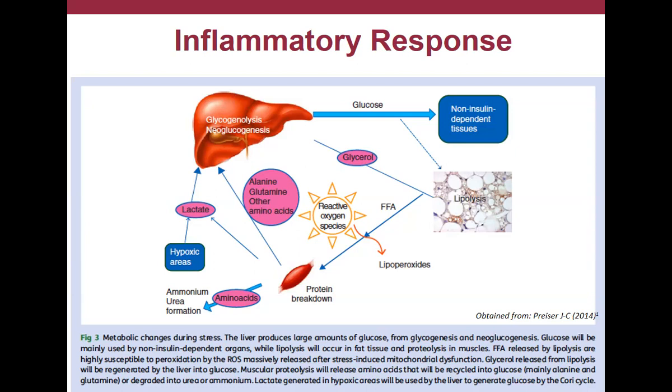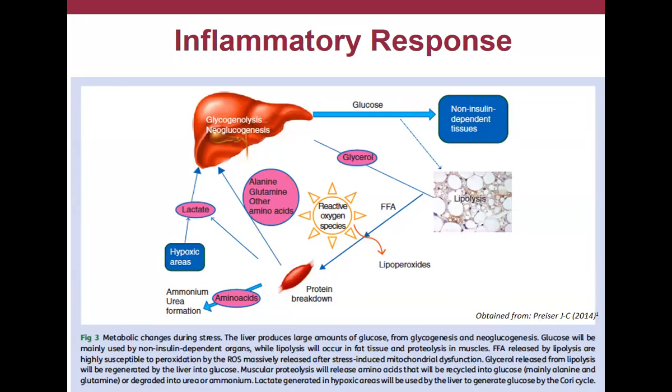The problem with this is that some of our organs need that glucose for energy. We can't depend on fat alone as an energy source. For example, our brain and central nervous system use up to 80% of our hepatic glucose production every day. Red blood cells, white blood cells, and bone marrow are also dependent on glucose for functioning.